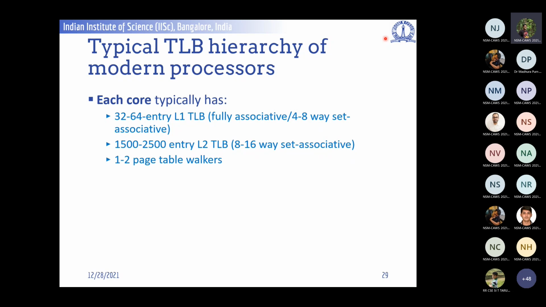You'll have between 1,500 and 2,500 L2 TLB entries, typically 8 to 16 way set associative, and you'll have 1 to 2 page table walkers. Actually, the latest processors have now started having 4 page table walkers in each core. So each core will have its own set of page table walkers.